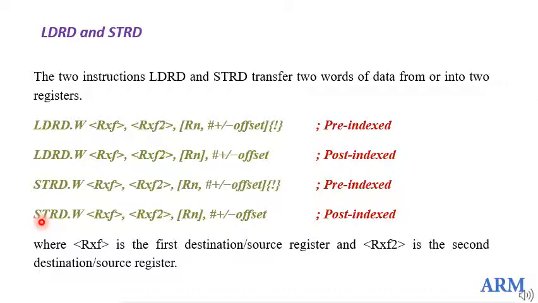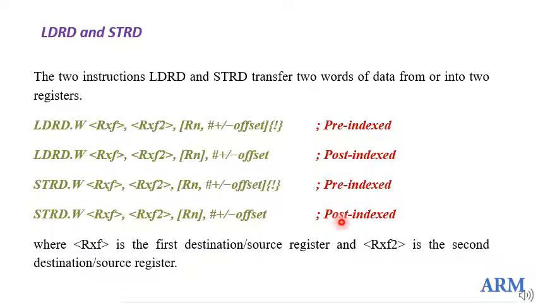Post-index syntax is STRD.W Rxf, Rxf2, [Rn], #plus or minus offset.